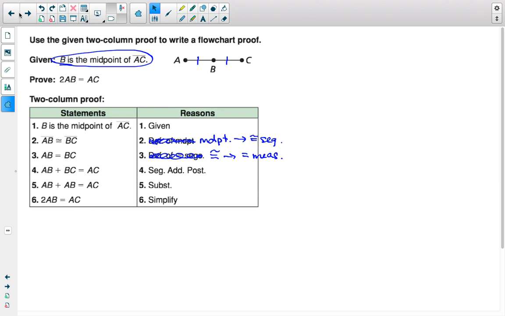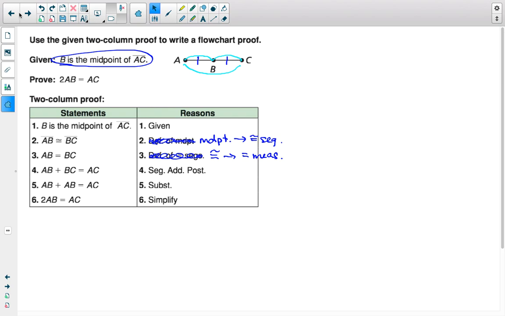Okay, well, now that I know that, I also know that the length of AB plus the length of BC should equal the length of AC. That's part plus part equals whole. That's the segment addition postulate.